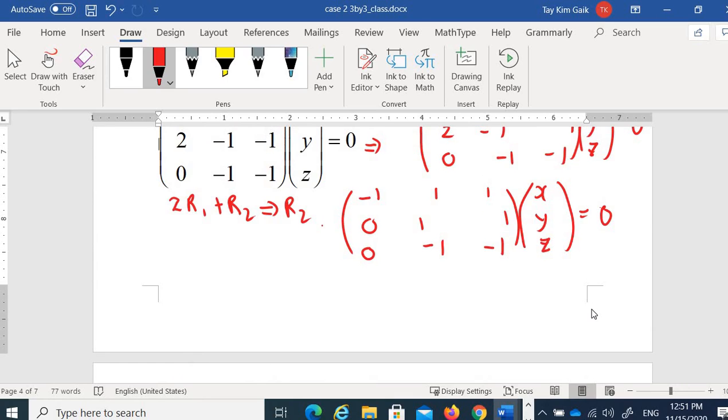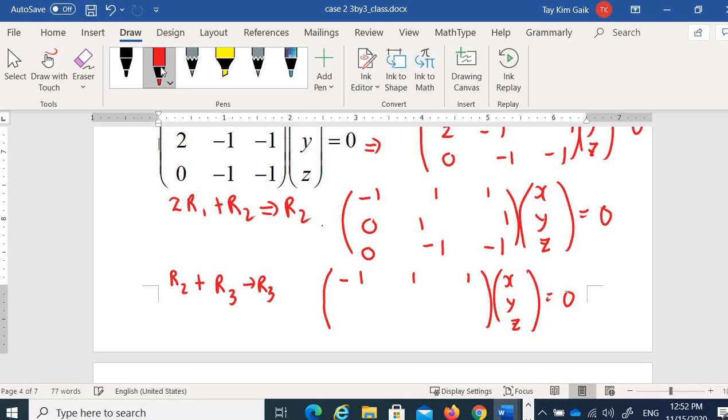Then this one, you notice row 2 is now equivalent to row 3. Because if row 2 you multiply by negative 1, or easy, okay, I will just do like this. If I take row 2 plus row 3, put it into row 3. Then you have only negative 1, 1, 1, x, y, z equal to 0. This means changes on row 3.